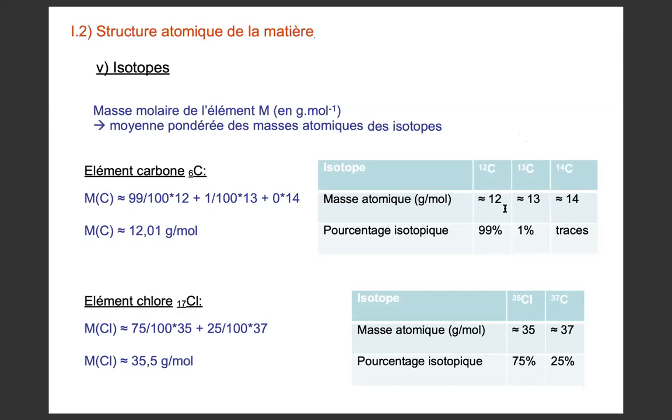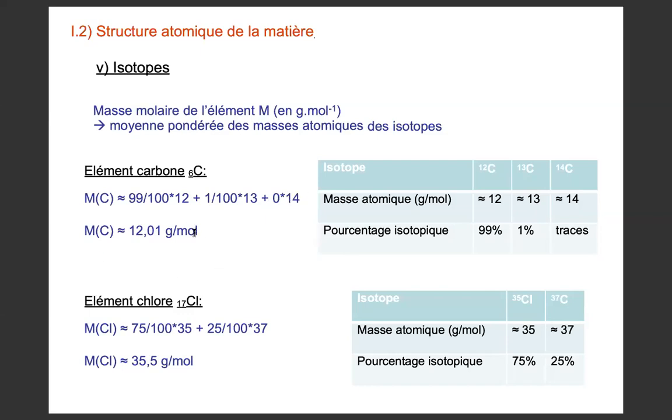So 99% times 12, plus 1% times 13, plus 0% times 14, which will give 12.01. So we are saying 99 over 100 is the same as 99% times 12 plus 1% times 13 plus 0% times 14. Then we're going to have 12.01.